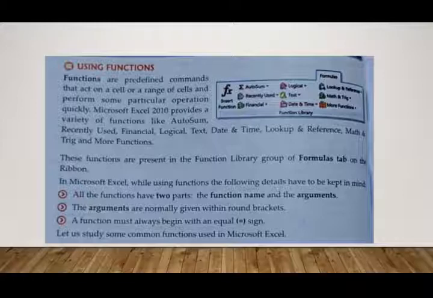The next rule is that arguments are normally given within round brackets. You have to specify the argument value only within the round brackets. Another rule is that every function begins with the equal sign. These are the three important rules when you apply a formula in MS Excel.